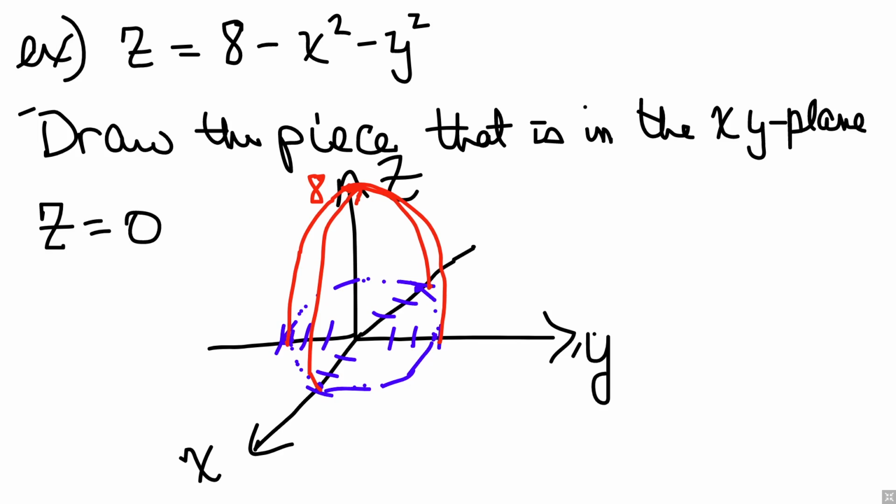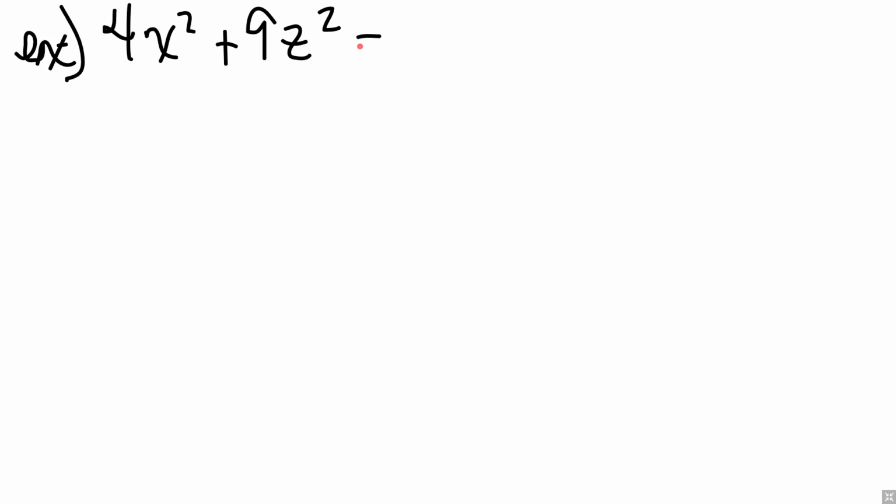Okay, let's look at our next example. We have 4x squared plus 9z squared is equal to 9y squared.